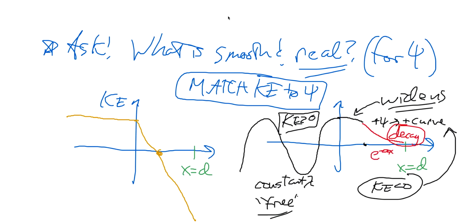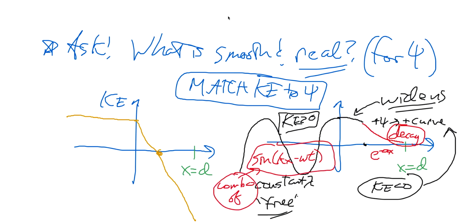Here will be some sine function, sine(kx minus omega t), or probably a combination of, like we have a free particle wave packet, a combination of sine functions. Now we have a widened sine function, and here we have a decay, e to the negative ax. Remember, what is psi?